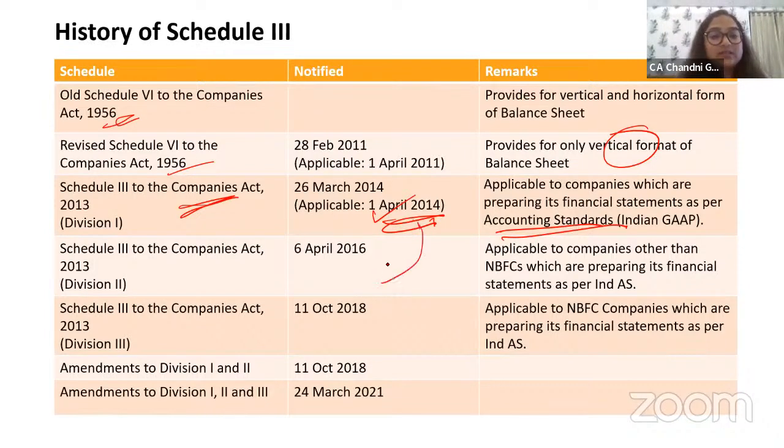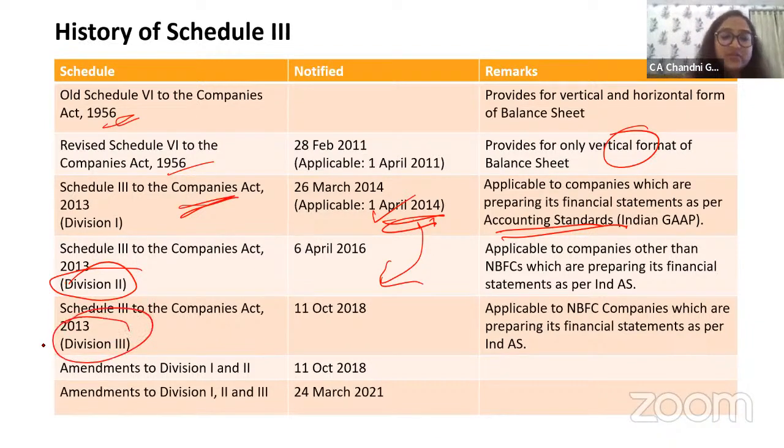And then in 2016, they introduced Division 2. Why? Because by then Ind AS were introduced. So Division 2 was made applicable to all companies which are not NBFCs and are preparing financial statements as per Ind AS.